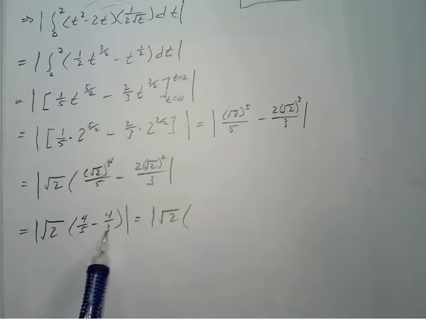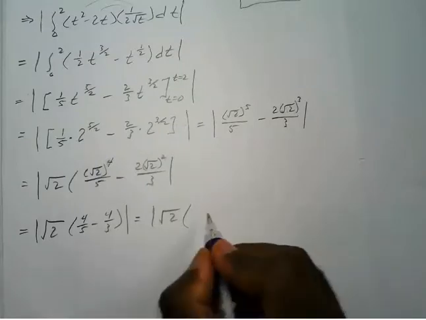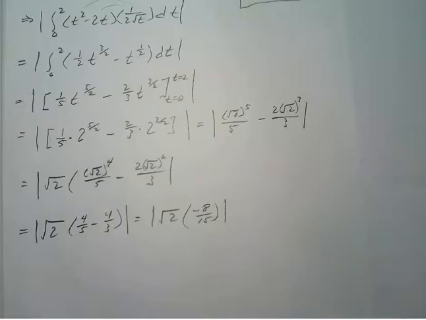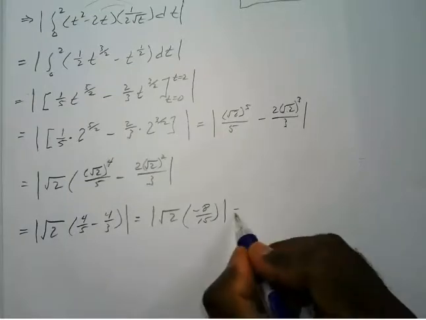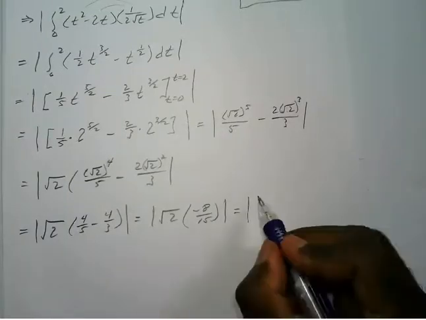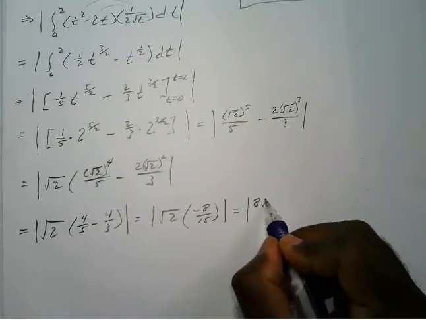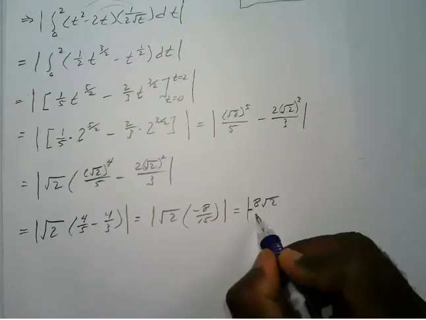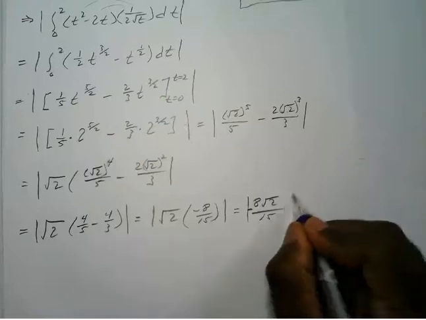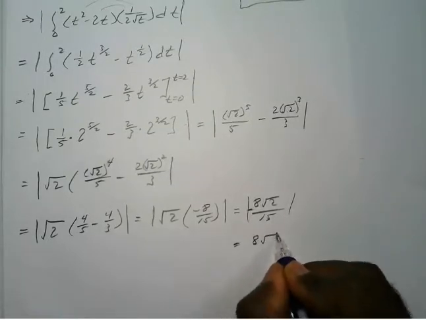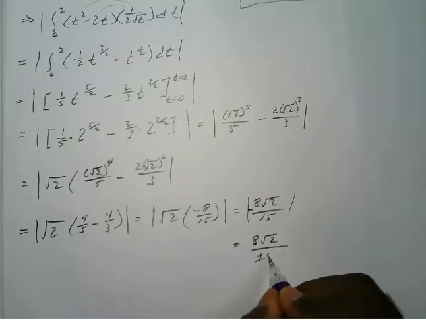If we multiply this by 3 over 3, we get 12 over 15 minus 20 over 15, which is negative 8 over 15. Which is the absolute value of 8 square root of 2, might as well put the negative there, over 15, which, because it's the absolute value, is just 8 square root of 2 over 15.